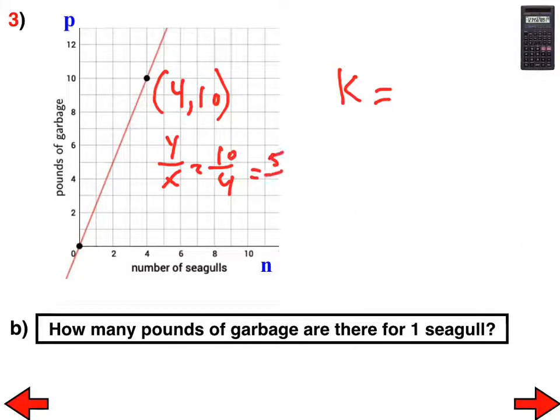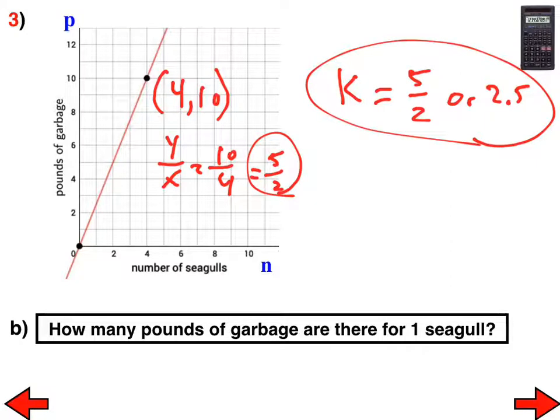What I'm saying is I think it's faster and easier to just leave it like that. However, 10 divided by 4 or 5 divided by 2 is 2.5. So either one is technically fine, okay? But that's not how many pounds of garbage there are for 1 seagull.